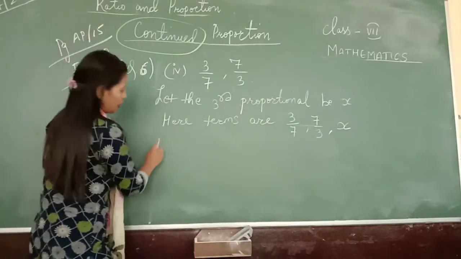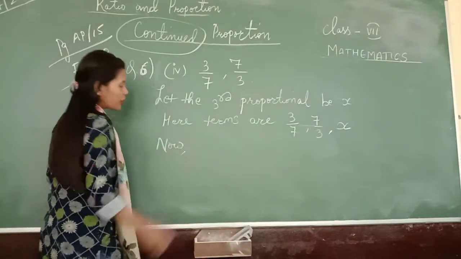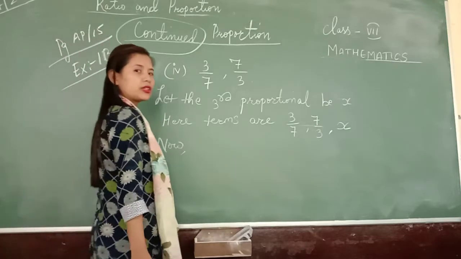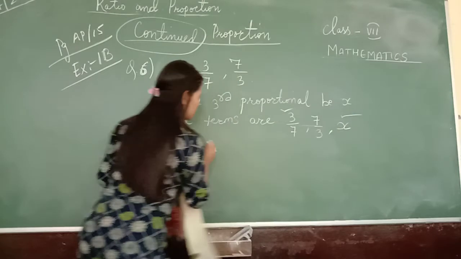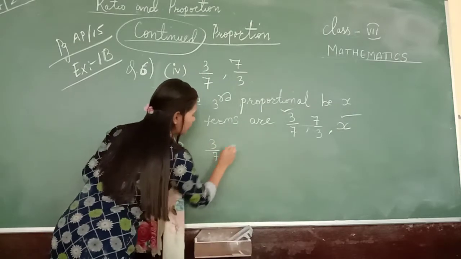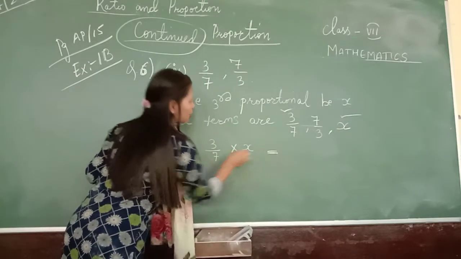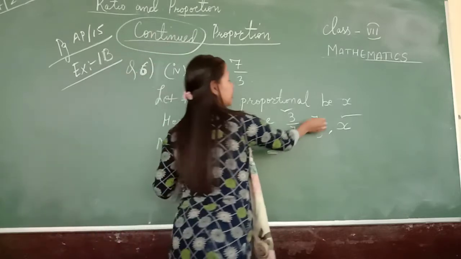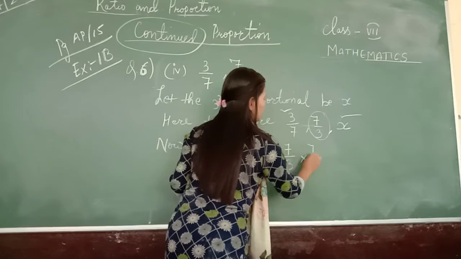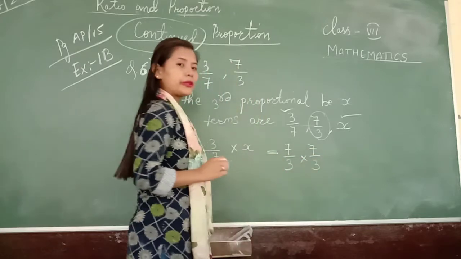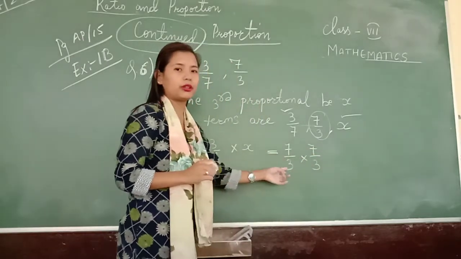Okay. Now we use the cross product rule, which says product of extremes equals product of means. So these two are the extremes. So that is 3 by 7 into x is equal to product of means. So the mean here is 7 by 3. So 7 by 3 into 7 by 3. Do not make a mistake of just writing 7 by 3 here.